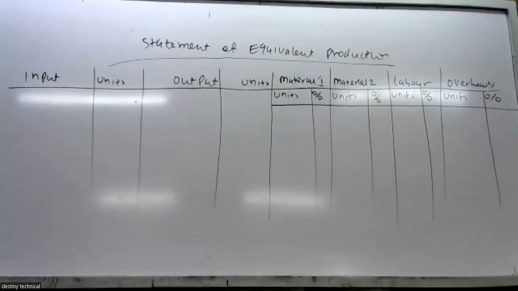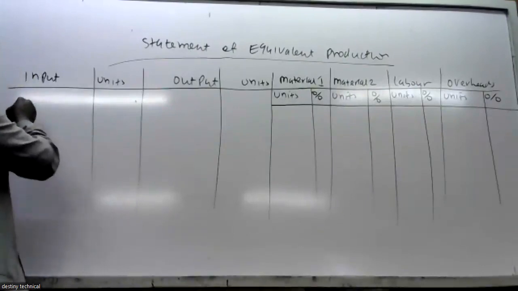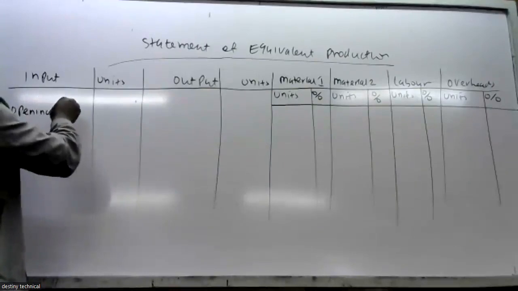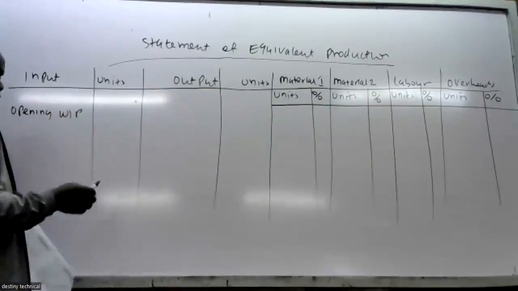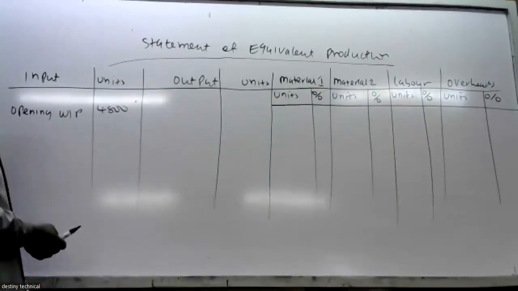So on the side of the inputs, you start off with the opening work in progress. So there were 4,800 units.